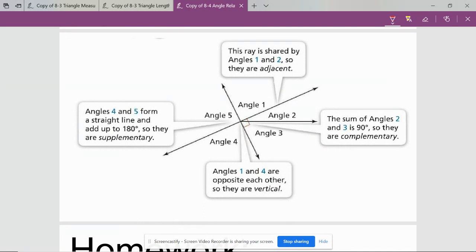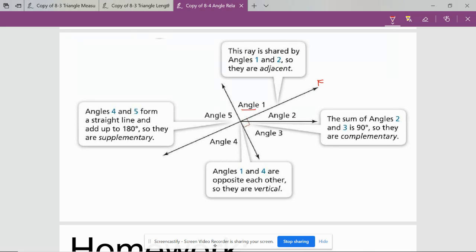Okay, this one looks a little crazy. Okay, and you can go through this, but when we look at all these angles, we can say, okay, what are true statements here? That this ray, let's say that this is ray F, we know that is shared by angles 1 and 2.